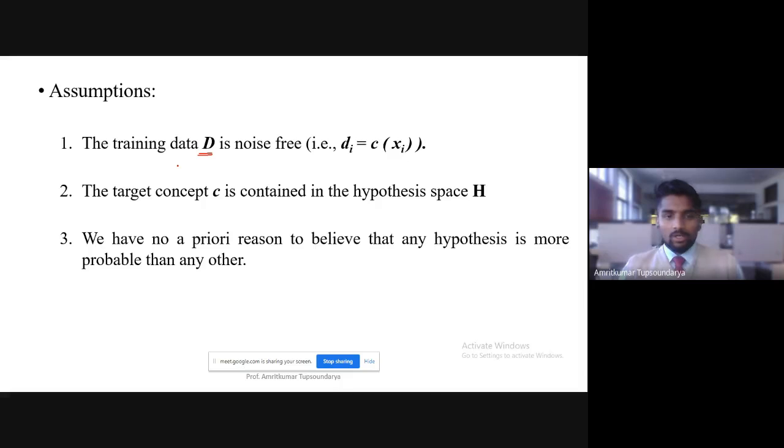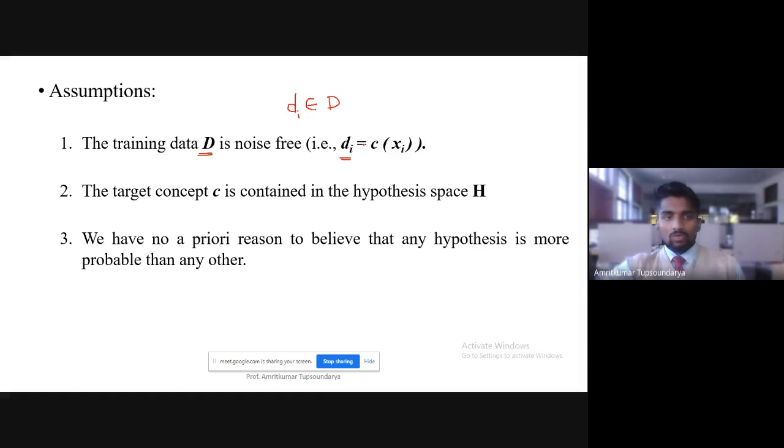When we say that it's noise-free, in other words, for any instance, let's say di, small letter d indicates a particular training example from the set of training data capital D. So di is one instance of capital D.